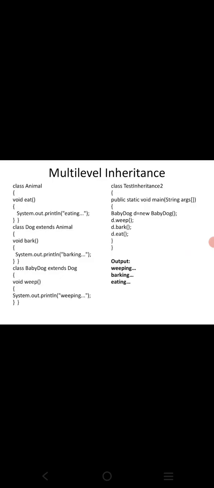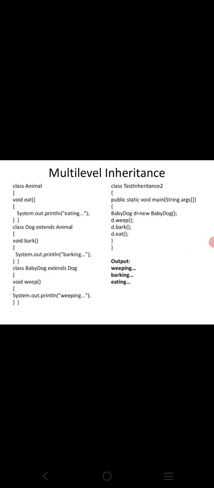Here the base class is animal, from which we have derived the class dog. From the class dog we have again derived baby dog. So there is a need to create an object only for the class baby dog, through which we can access the class dog and also animal.